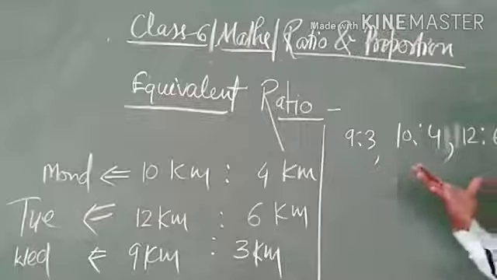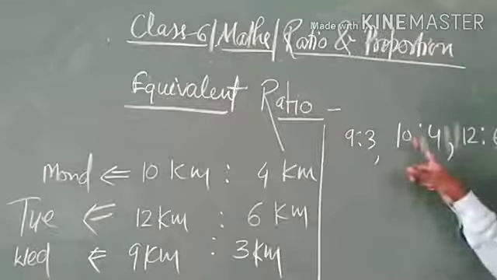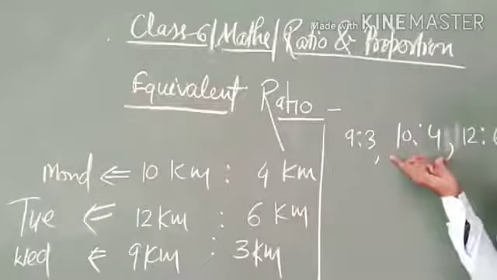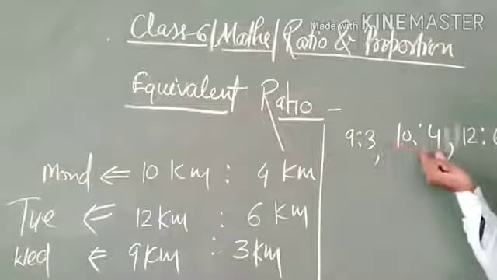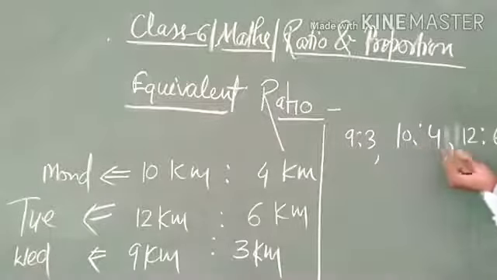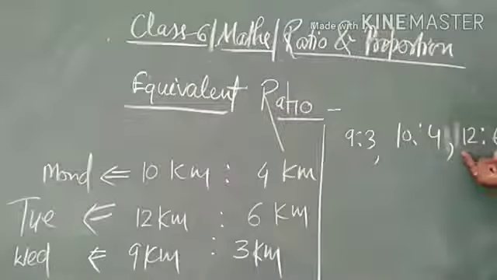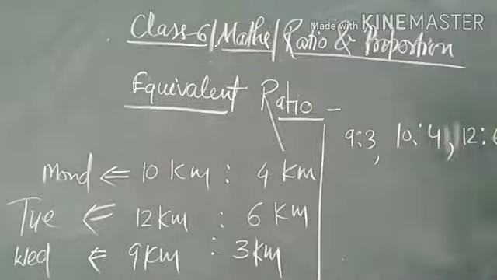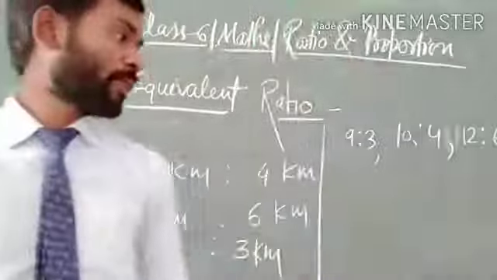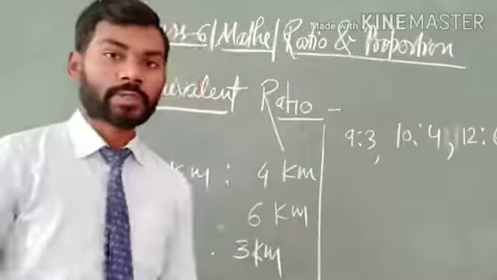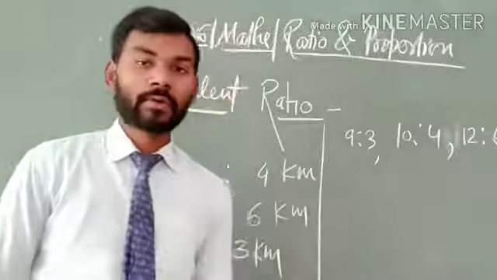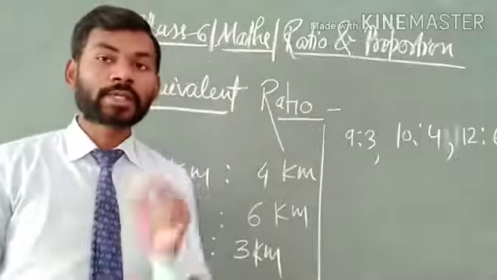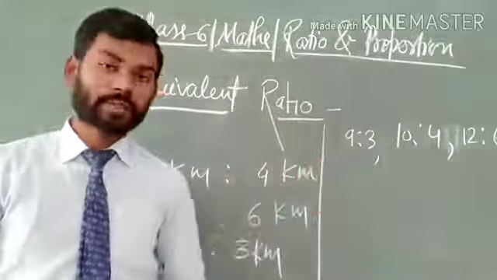In all of these, we can easily see the change: in the first ratio, 1 kilometer decreased in each turn, and in the third ratio, 2 kilometers increased in both turns in comparison to Monday, that is, in comparison to the middle ratio. Such ratios all have a fixed value, or you can say almost equal to the first.